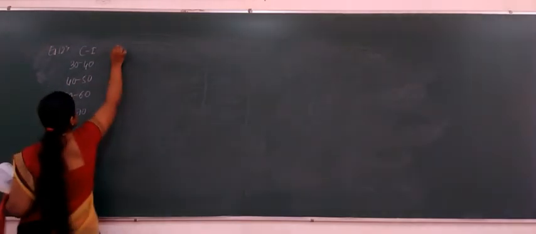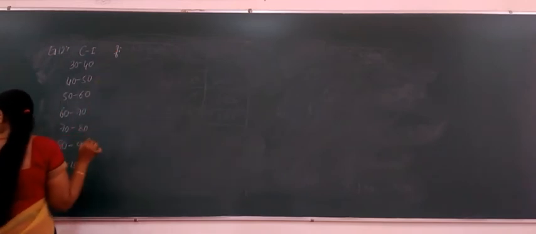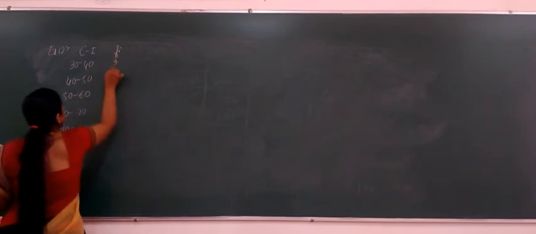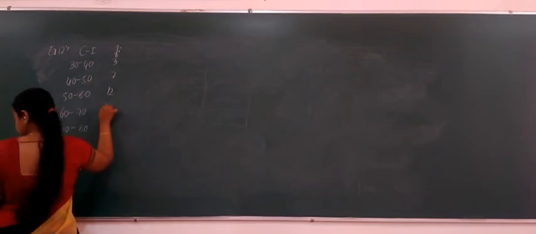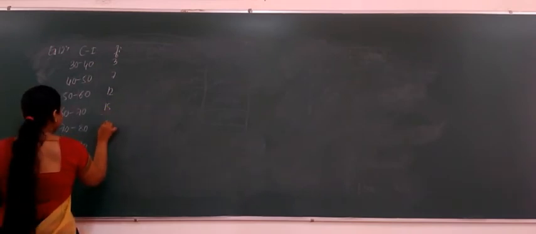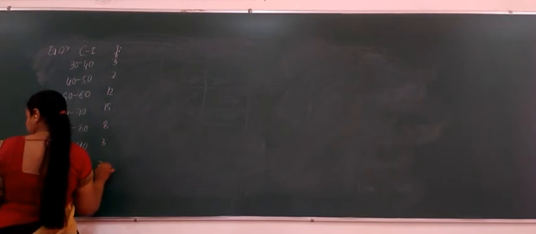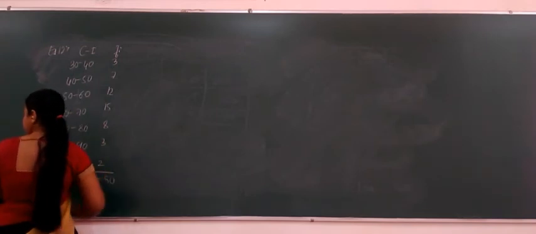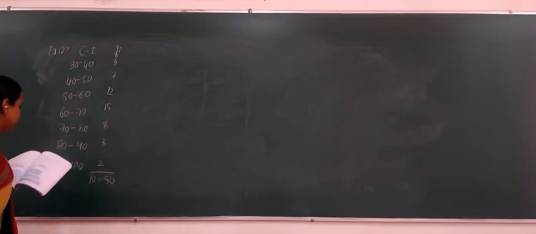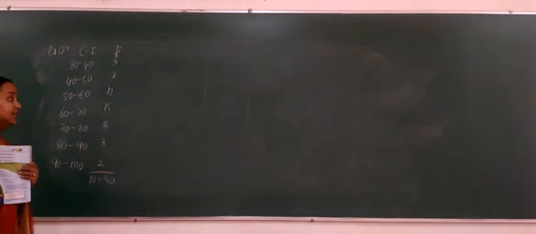Next, frequencies are given. The frequencies are 3, 7, 12, 15, 8, 3, 2 and n is equal to 50. So here also you need to calculate the mean, variance and standard deviation.